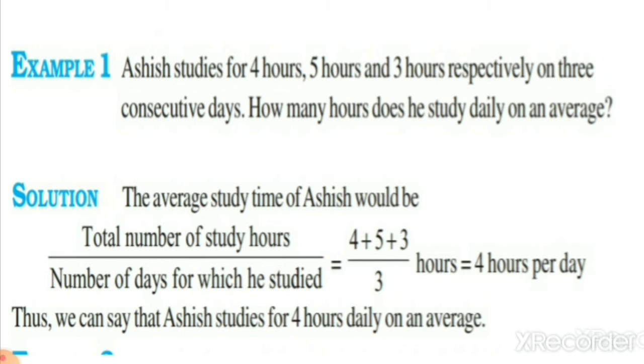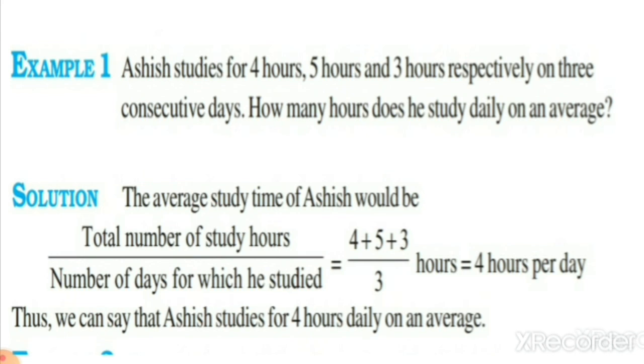What is the formula to find the average or arithmetic mean? Total number of study hours divided by the number of days for which he studied. He studied for 3 days. On the first day 4 hours, second day 5 hours and third day 3 hours.